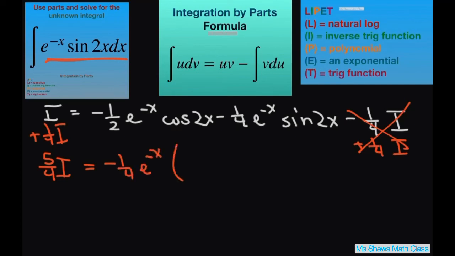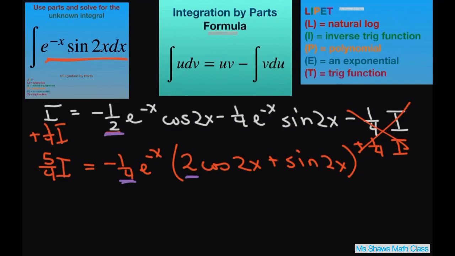Since this was 1/2, I'm going to have to write a 2 here. So it's going to be 2 cosine 2x plus sine of 2x. Think about this: if I multiply 1/4 times 2, I'm going to get negative 1/2, but this looks a lot nicer.